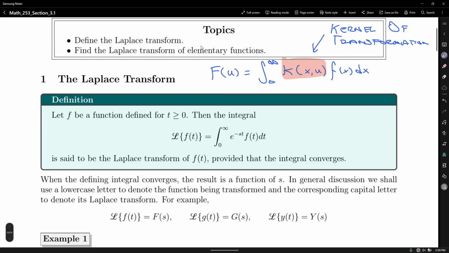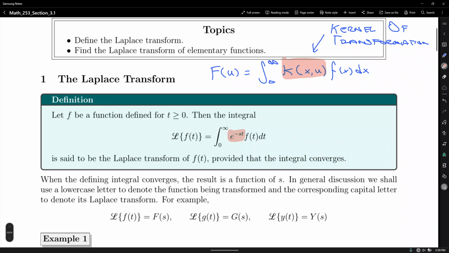If you're taking linear algebra right now, you will eventually get there. So the kernel for the Laplace transform is this exponential function e to the negative st, which happens to have two variables, right? Instead of x u, it's a function of s and t.